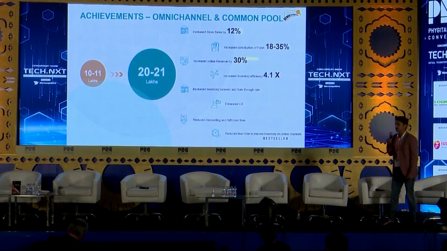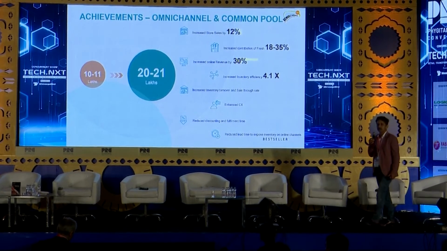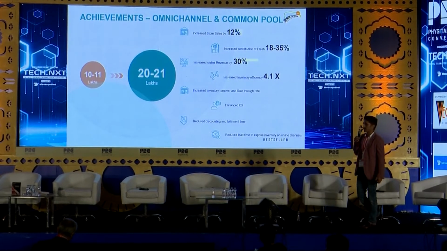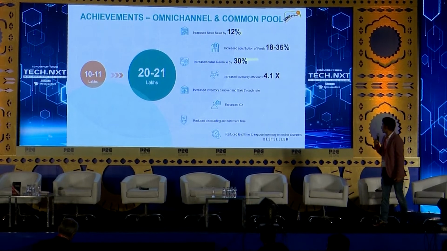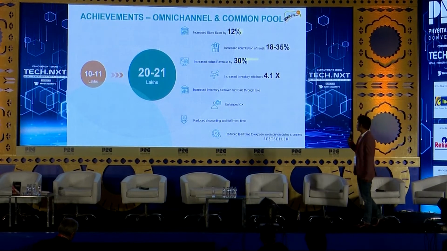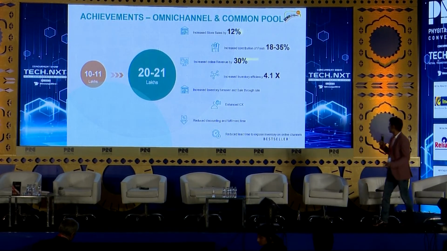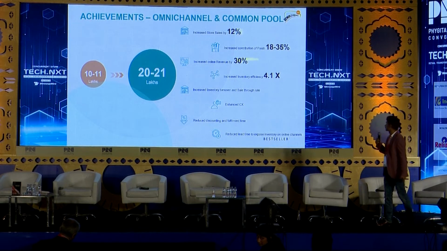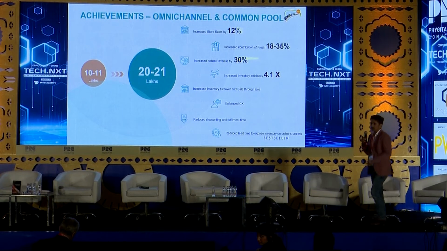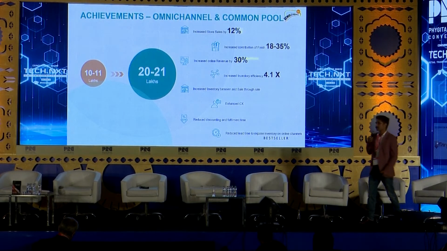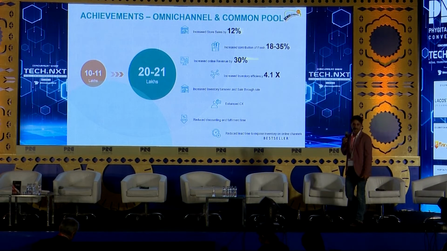And now inventory efficiency, because the same piece is getting exposed to at least 4 to 5 channels. So that's where we saw the increase in efficiency. And of course, other benefits include the turnover, the sell-through rate, customer experience. So that's the whole journey which we have chalked out in the last 1 year on the Omni platform.